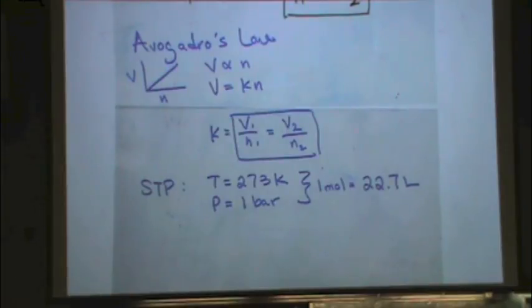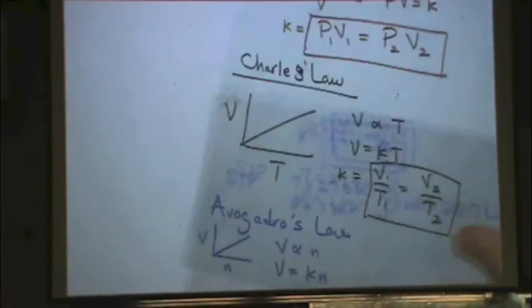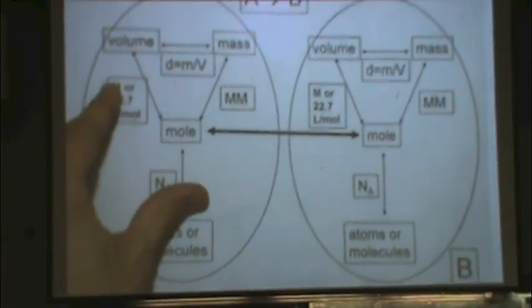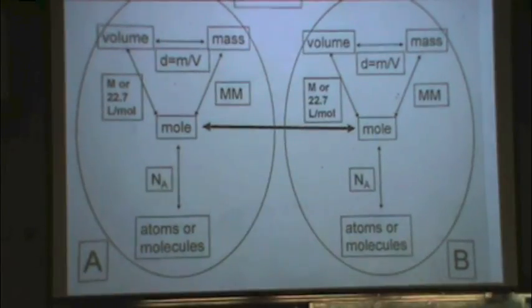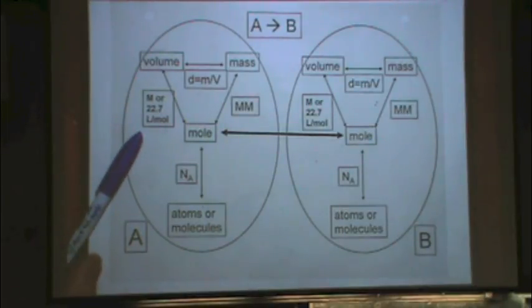So let me say a couple things about this. First of all, if we go back, I know we haven't seen this for a little bit. I'll go back to the notes in a moment. Here, you vaguely remember the molar express. And now, to go between moles and volume, there's 2 ways.